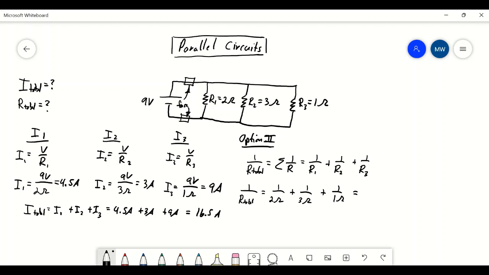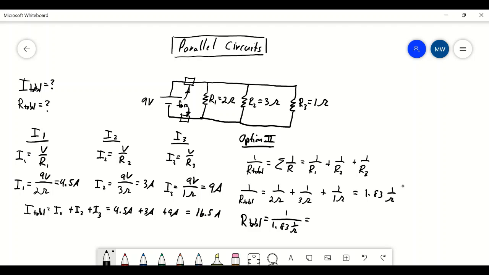If we add all those up, we've got 1/2 and 1/3 and then 1. We get 1.83, but the units are wacky, right? The units are 1 over ohm. So we don't want 1 over ohm. So in order to get our total, we have to do 1 divided by 1.83 per ohm.